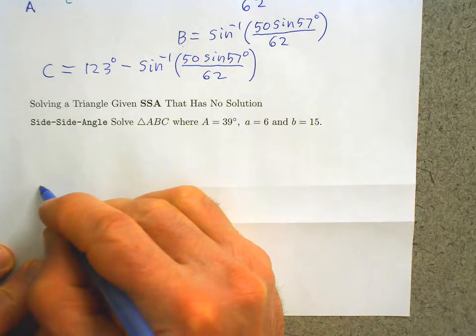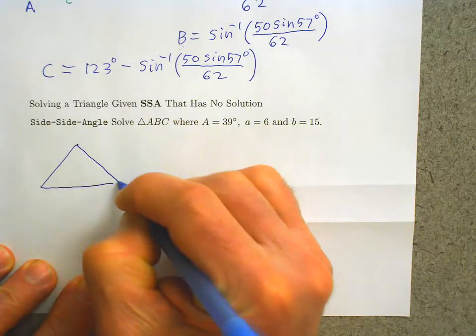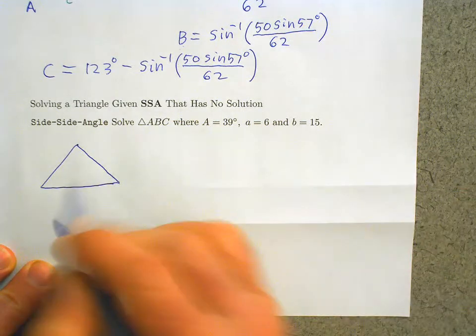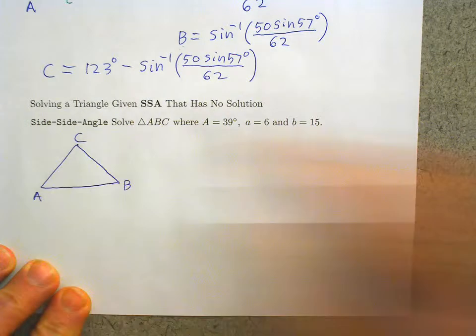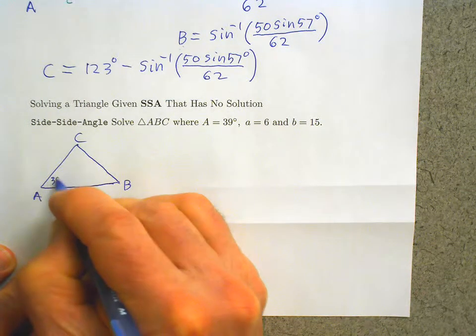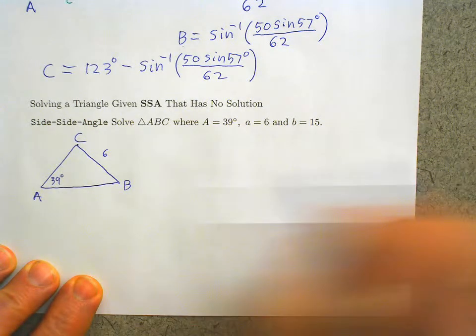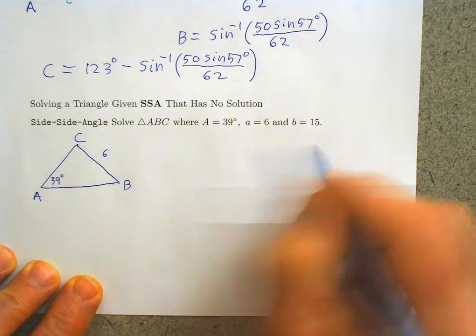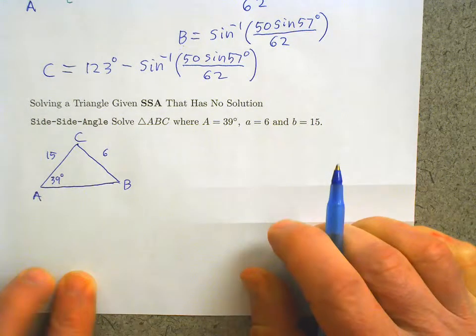So we'll draw a triangle just for reference mostly. A, B, and C are the vertices or the angles. Angle A is 39 degrees, lowercase a is 6, and b is given to be 15.